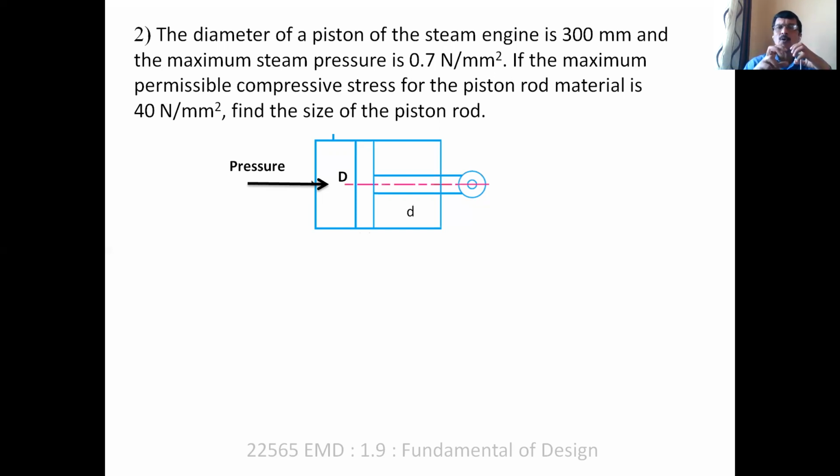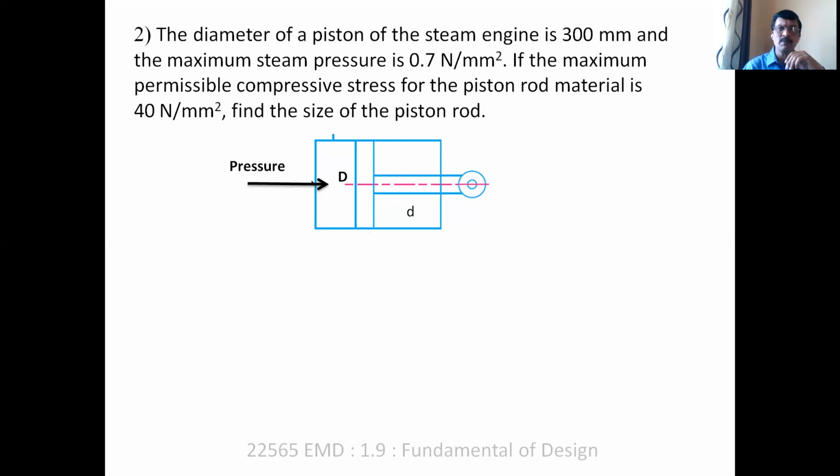Obviously there is an inlet valve and the steam enters inside that particular cylinder and it is going to push that piston so that there is a working of the steam engine. So this particular capital D is subjected to pressure P, which is 0.7 Newton per mm square, and we have to find the diameter of the piston rod which is connected to the piston.